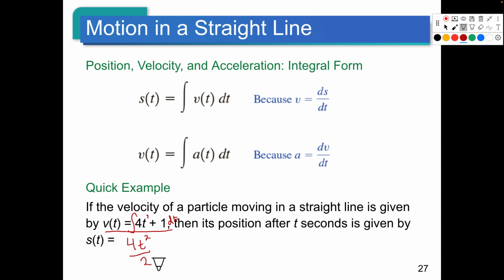When we have a constant, plus 1, and we integrate it, it becomes just the single t to the first power, right? Because that's plus 1 t to the 0 power. And then, since we're integrating, we get plus a constant. And again, just to smooth this out, 4 divided by 2, 2t squared, plus t, plus some constant.